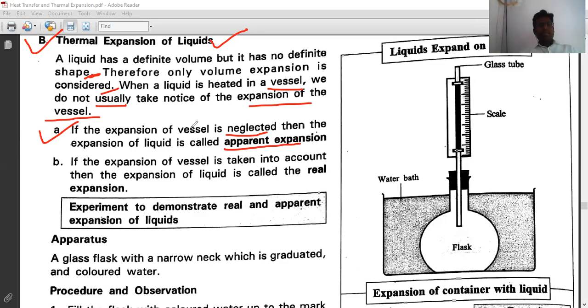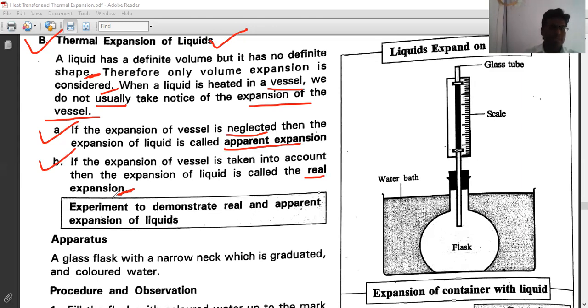When the expansion of the vessel is taken into account, then the expansion of the liquid is called real expansion. So this is the main difference between them.